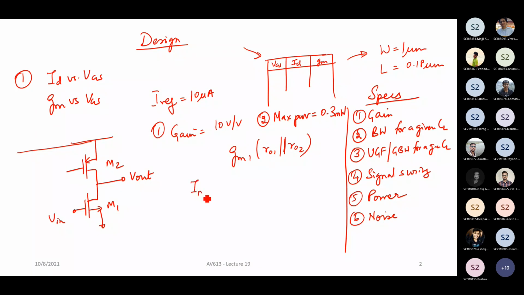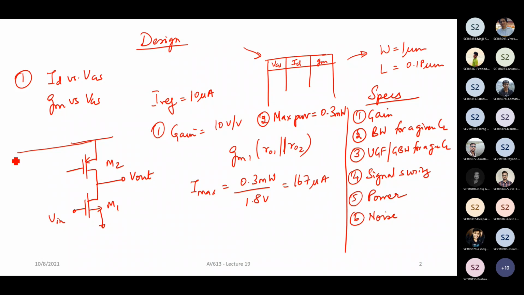I max is going to be 0.3 milliwatt divided by 1.8 volt. This is the maximum current that you can draw from the supply. Now this power or this current includes even your biasing schemes and so on. So 0.3 milliwatt divided by 1.8, how much do you get? You get around 167 microamperes of current. This is the max current.